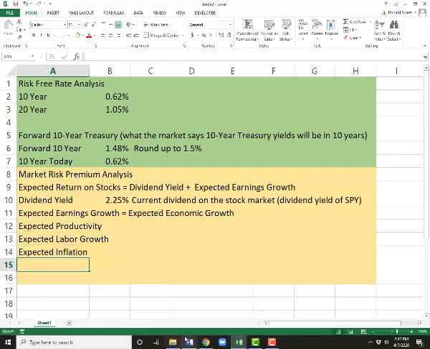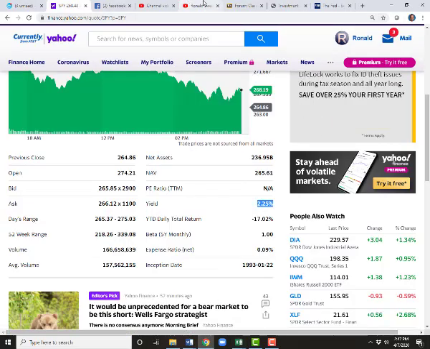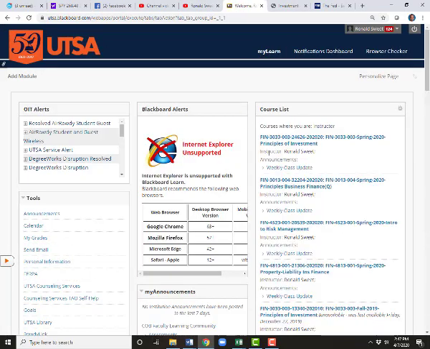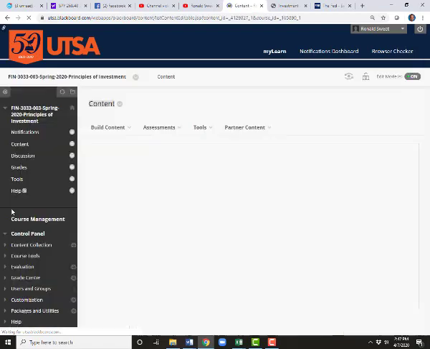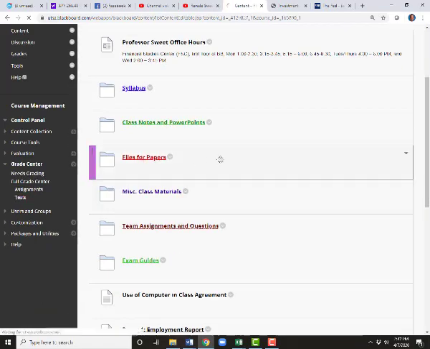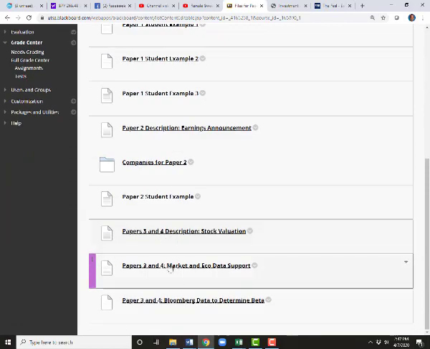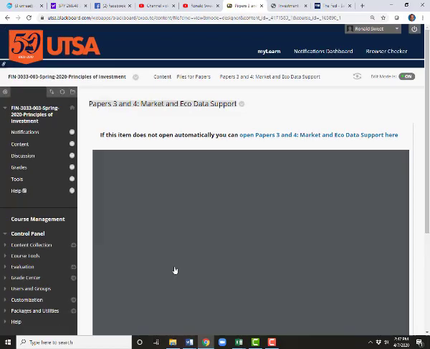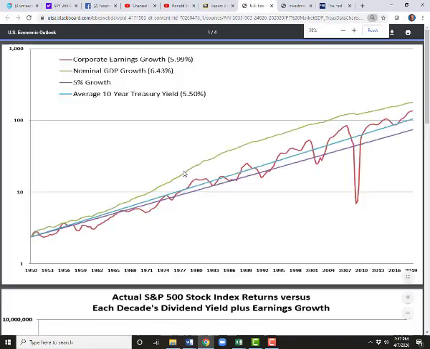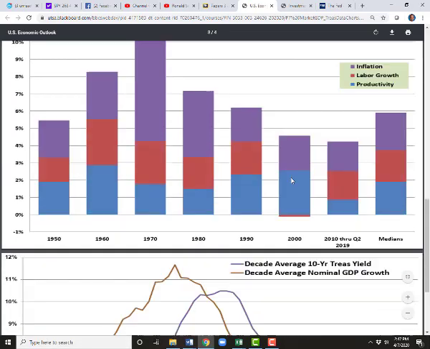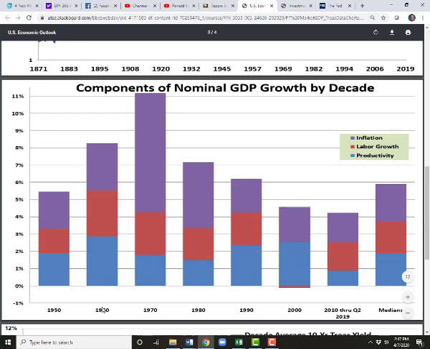So to help you with these three things, if you go into our class and you look under files for papers, we looked at this before, but for papers 3 and 4, you have market equity data support. If you load that file, you'll notice a model or a file here that shows you the components of GDP growth.